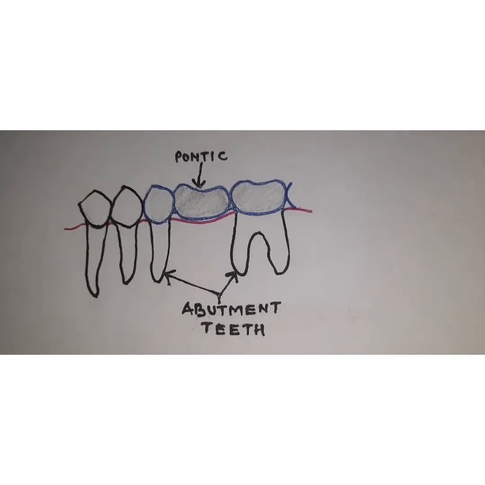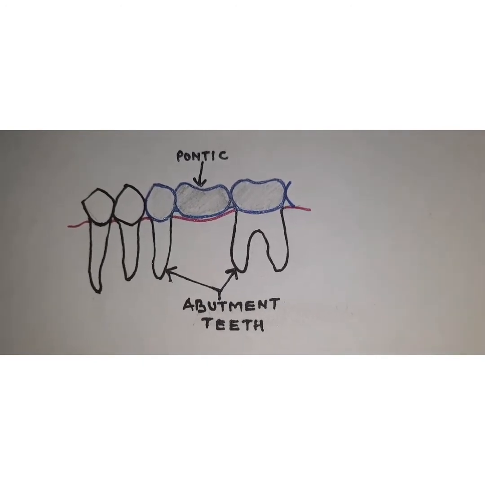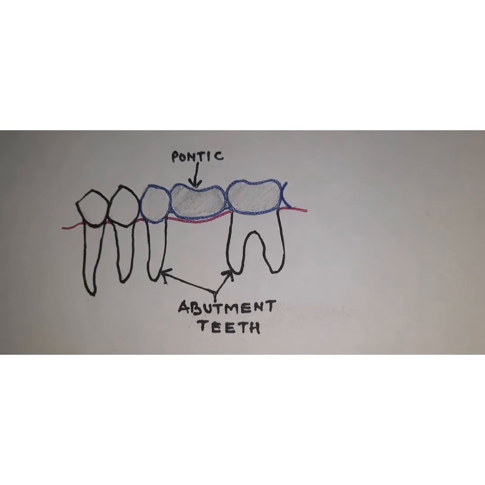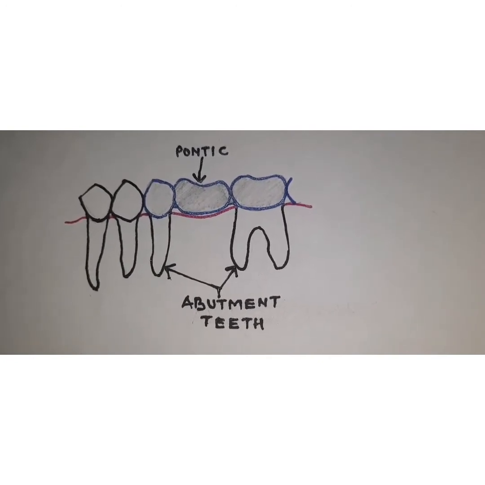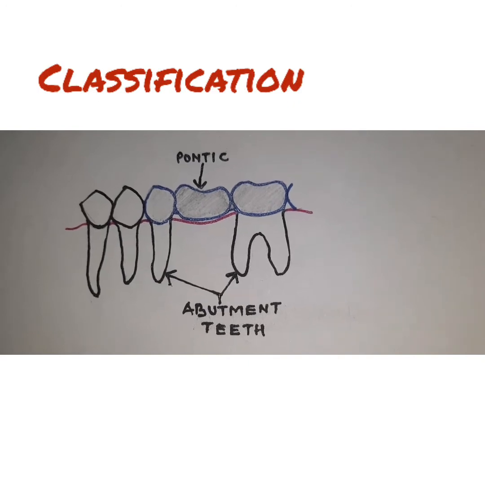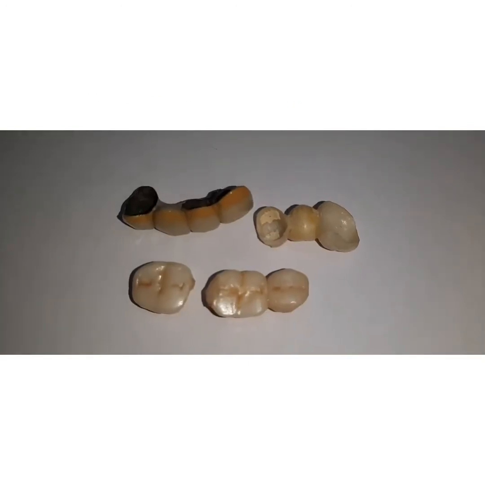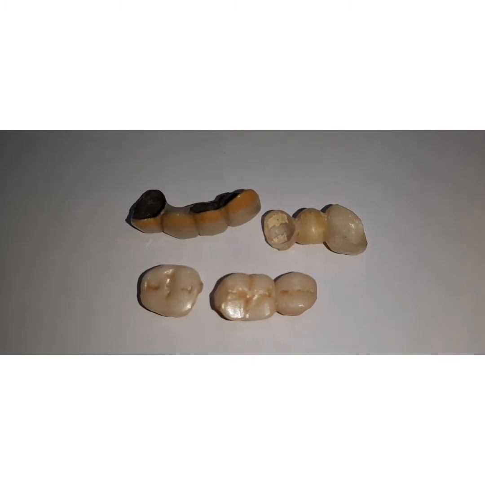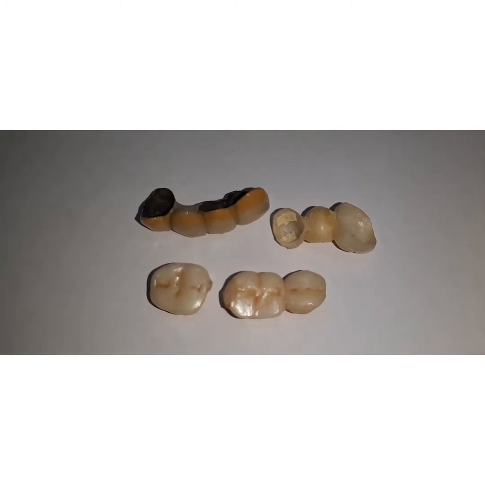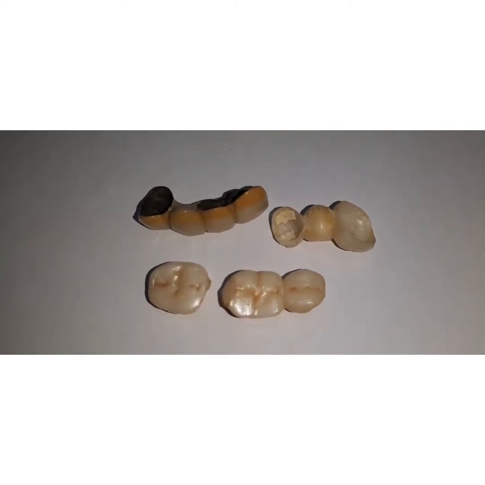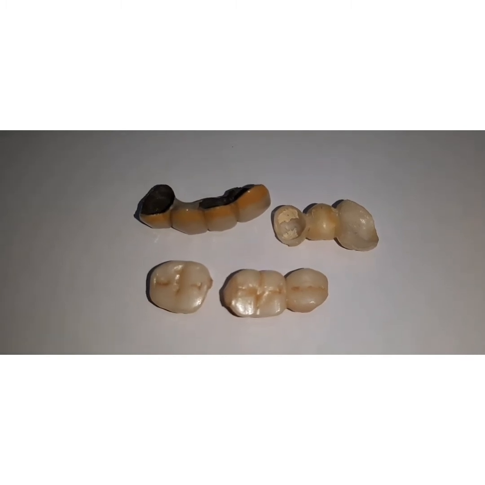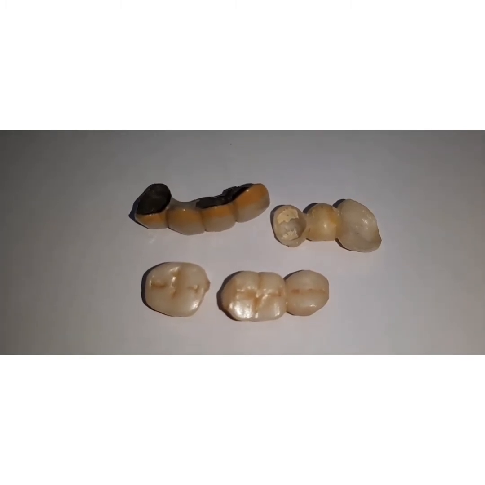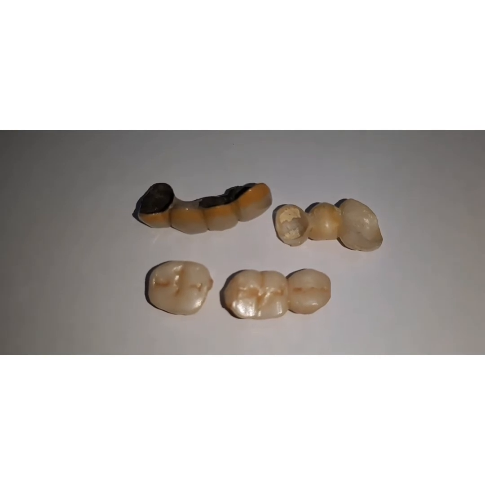Now, what are failures of fixed partial dentures? If we see failures of fixed partial dentures, the classification given by Bernard G. Smith says that failures can be because of the loss of retention. There can be mechanical failures of crown and bridge components, and this can be subclassified as porcelain fracture, or failure of the shoulder joint.